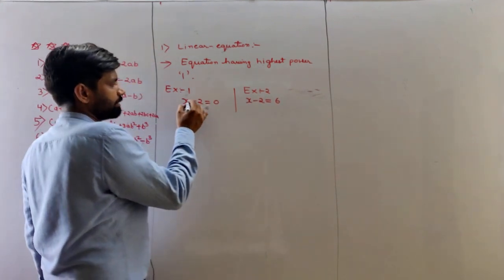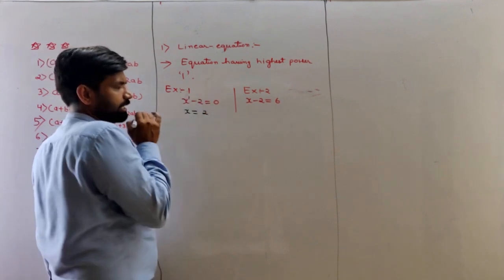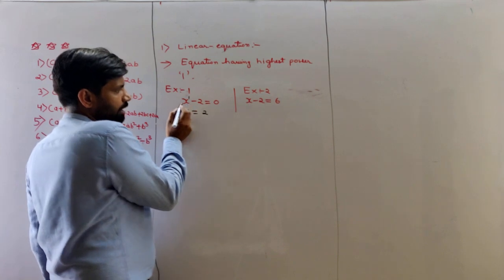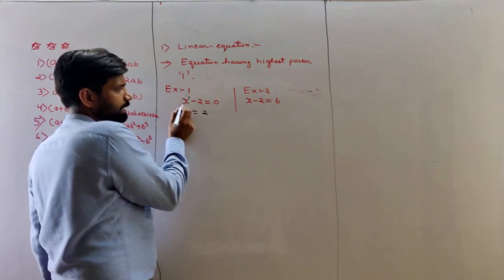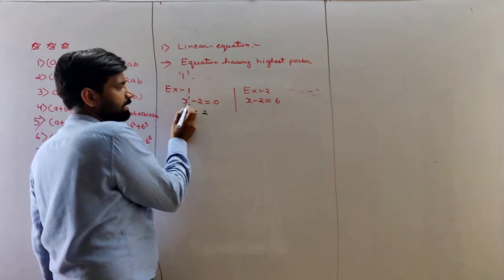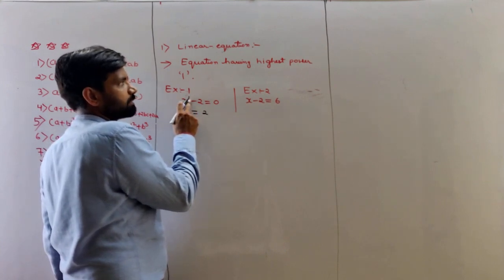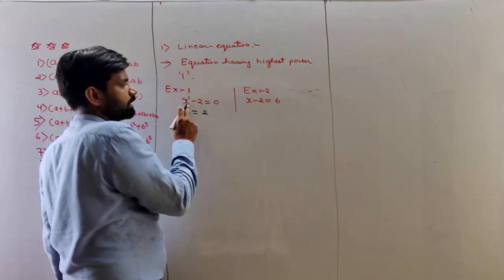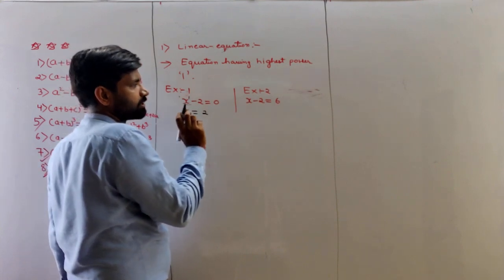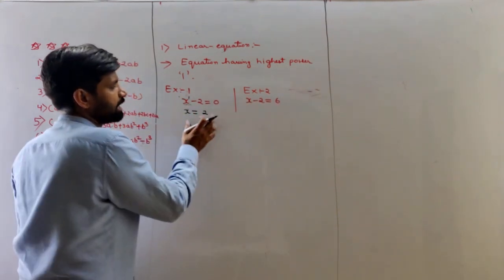Here the variable is x and the power of x is 1. So highest power is 1. So this equation is known as linear equation.